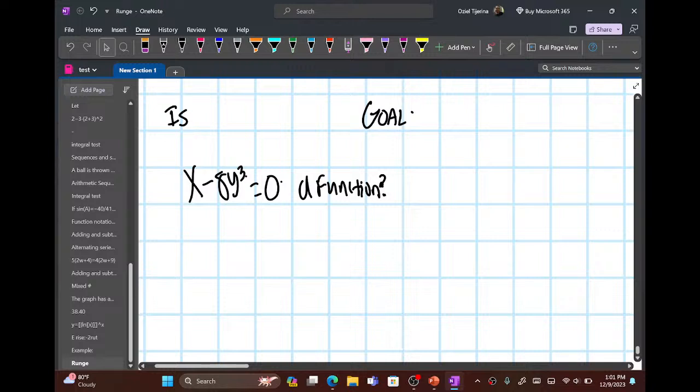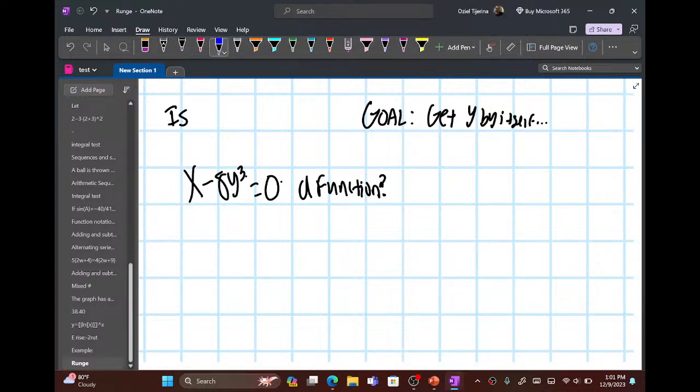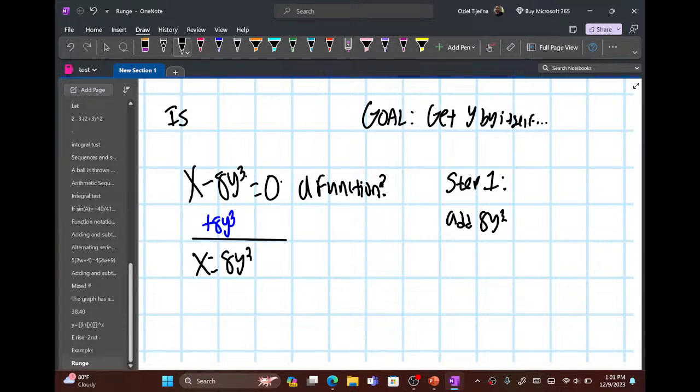Our goal here is to get y by itself. So first I'm gonna add 8y cubed. Step 1, add 8y cubed. We want to add 8y cubed first. You can subtract x, but this is the best way to do it. So we have x equals 8y cubed.